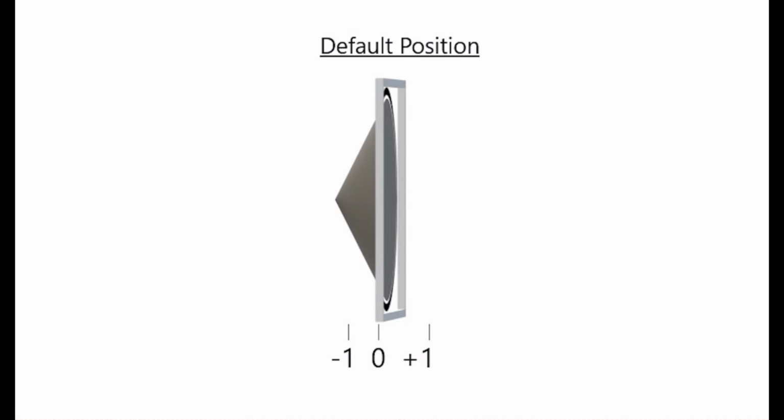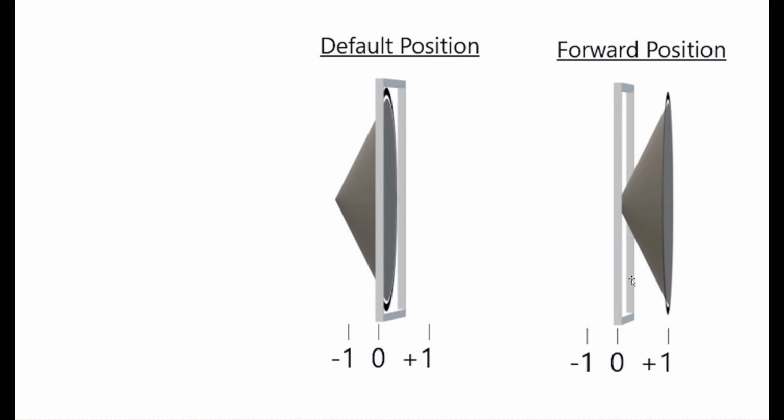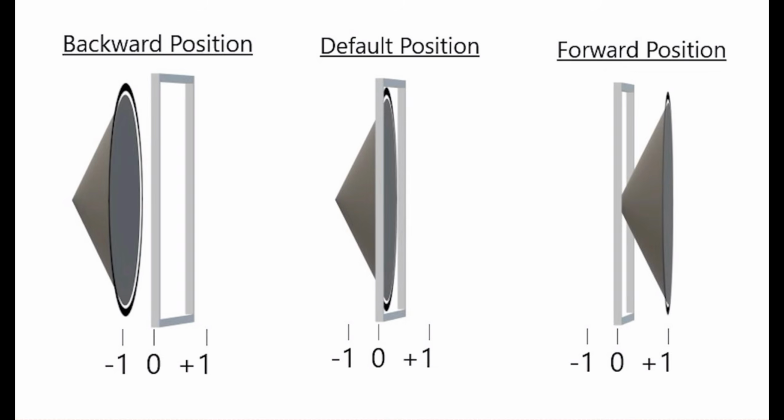But as soon as we apply a positive voltage to the speaker terminals, the cone of the speaker will push out. So positive voltage, cone moves out. And if we apply a negative voltage, the opposite will happen. The cone will pull in, right?